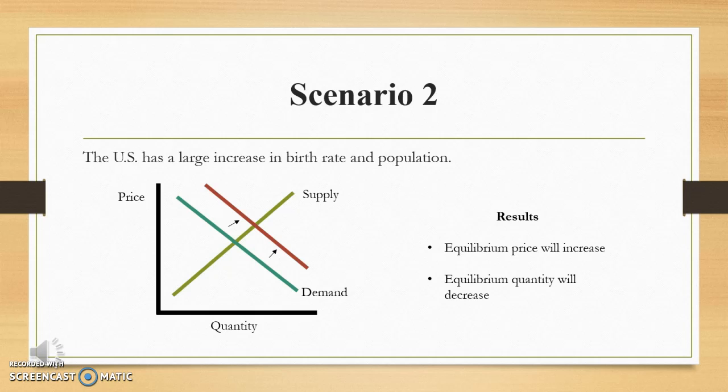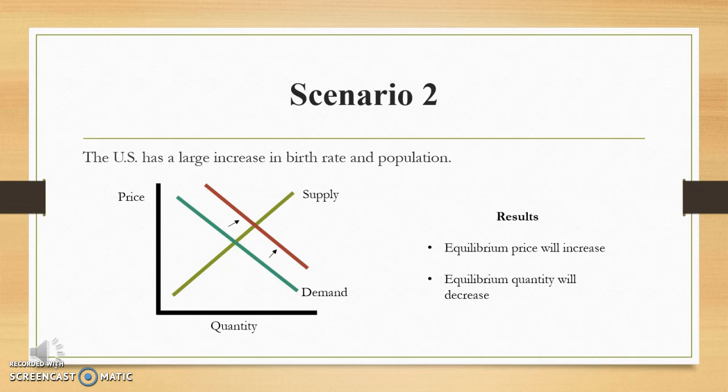So that price will increase because people are willing to pay more for that, because the same amount is available, but there's just more people who are wanting it. What this is going to do to our curve is it's going to take our demand curve and actually shift it to the right, when we take that equilibrium price increase and the equilibrium quantity decrease.